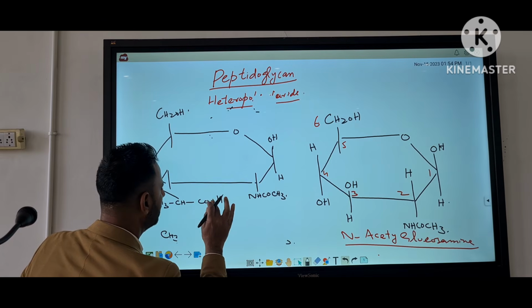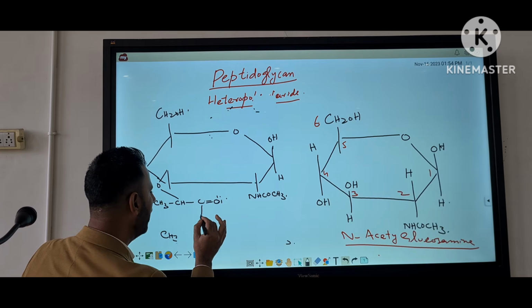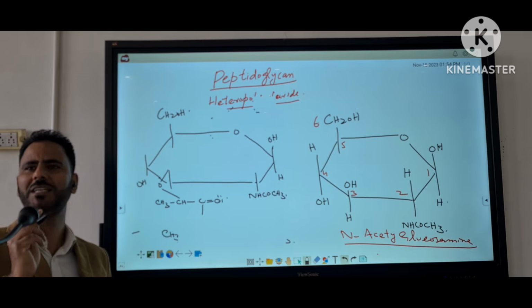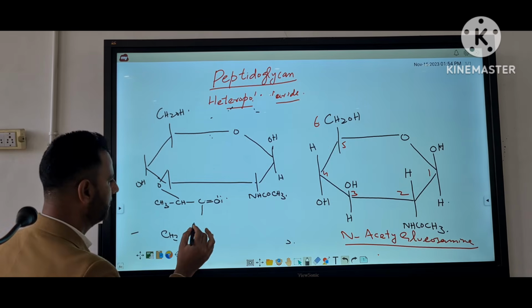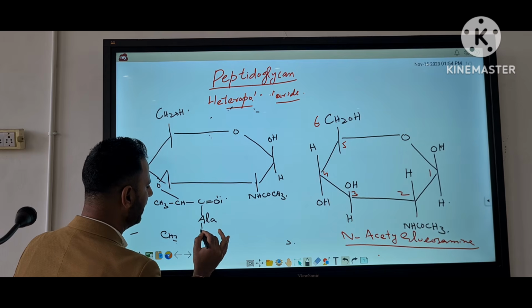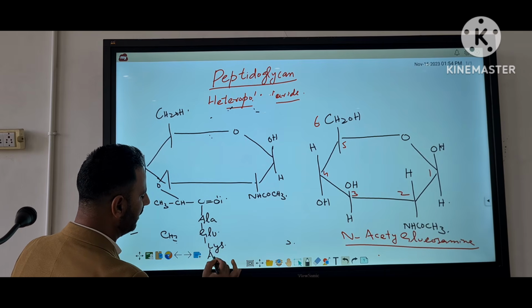And here you will find, this is C double bond O, okay? There is a short stretch of almost 4 amino acids. How many amino acids? The first amino acid is alanine. The second one is isoglutamate. The third is lysine. The fourth is alanine. Very nice.